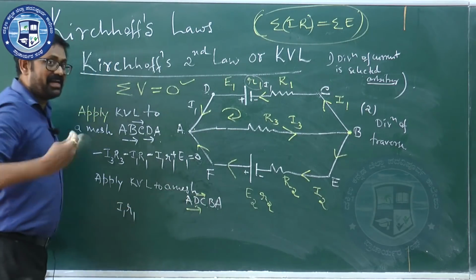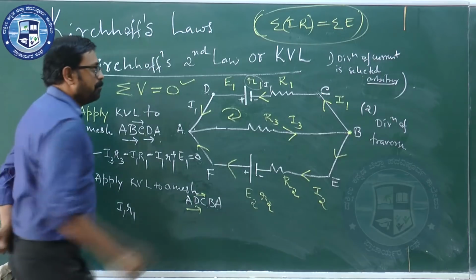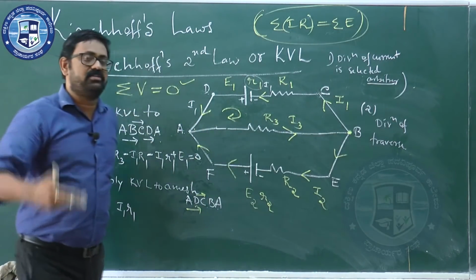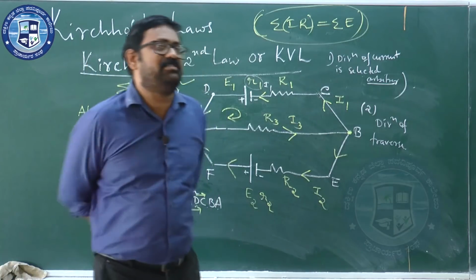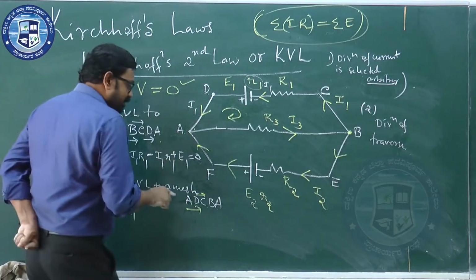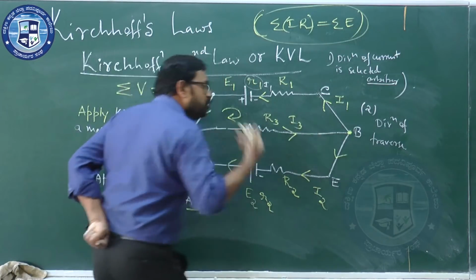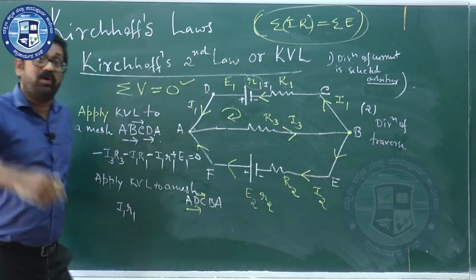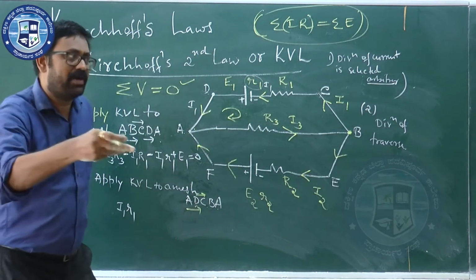I mean to say, direction of a traverse is from D to C, but conventional current is from C to D. Direction of the current is opposite to direction of a traverse, means product of IR is taken as positive. Proceed in the same path, D to C. Do you meet any other resistor? Obviously there is a capital R1. What is the current through it? I1. What is the product?